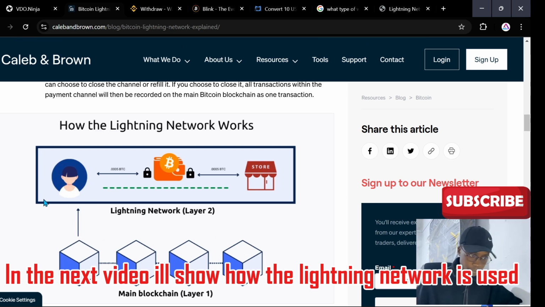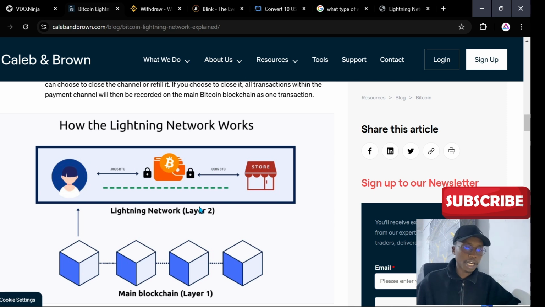So let's say you want to buy something from a store, and the store accepts Bitcoin, and they also use the Lightning Network. So it will be you and your wallet. You are the only one who has access to your wallet.